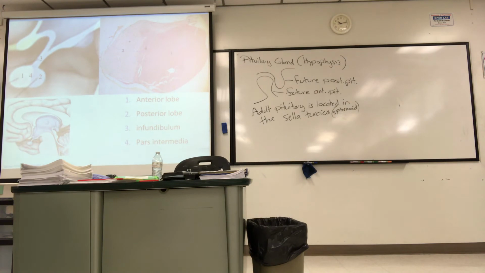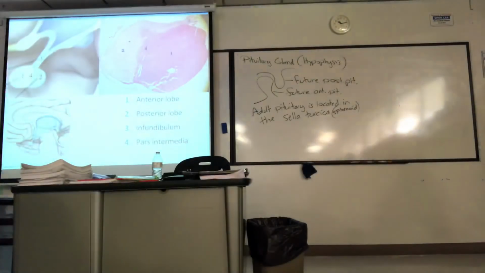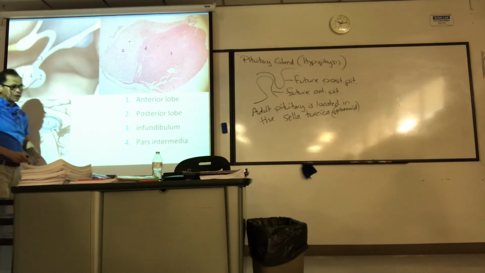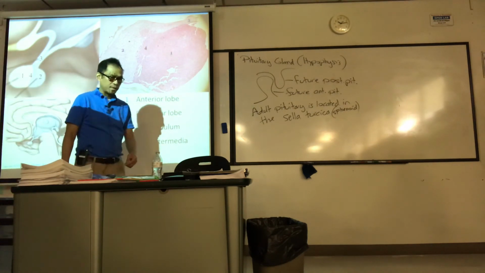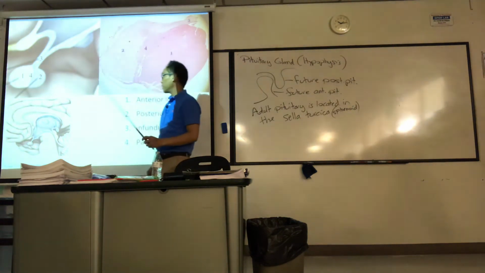All right, so I put that picture from the previous slide next to a histology image on this slide here, and sometimes I turn off the lights so you can see better. And we have different regions of the anterior pituitary here that I'll go through. The one thing I want you to get straight so you don't get confused, because it is confusing, I want you to know how the tissue stained on a histology slide.